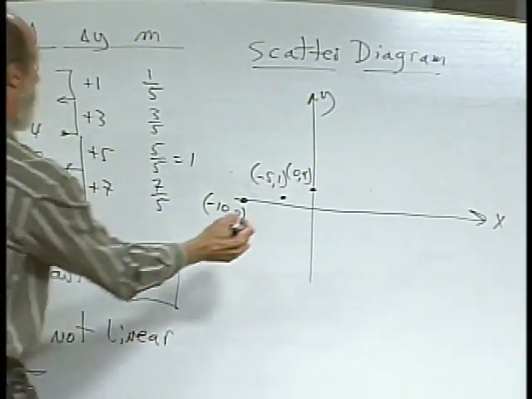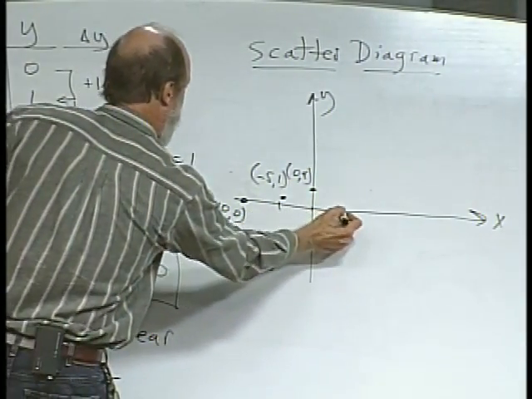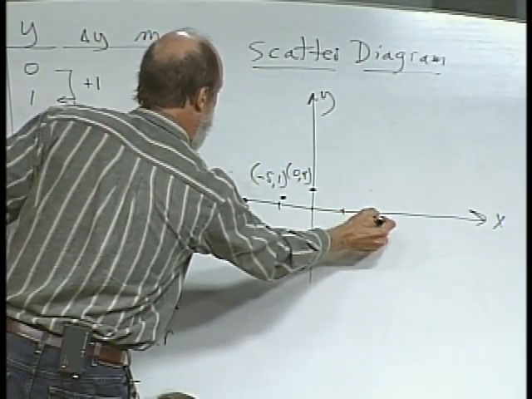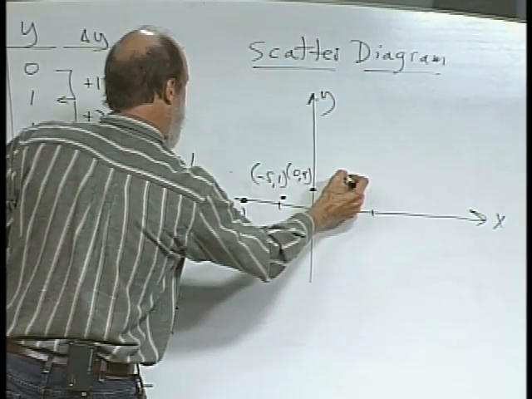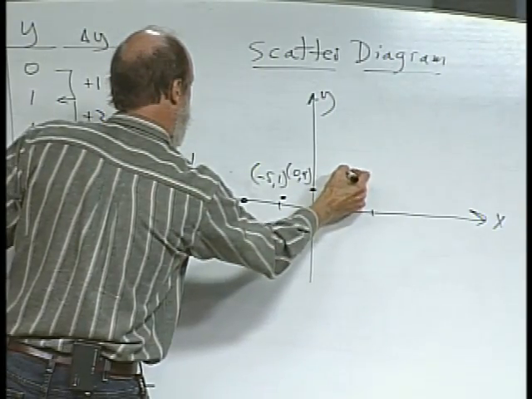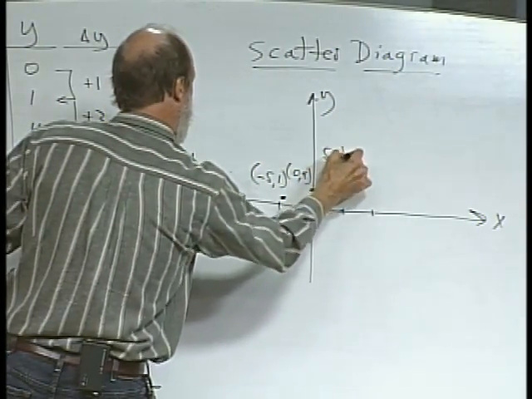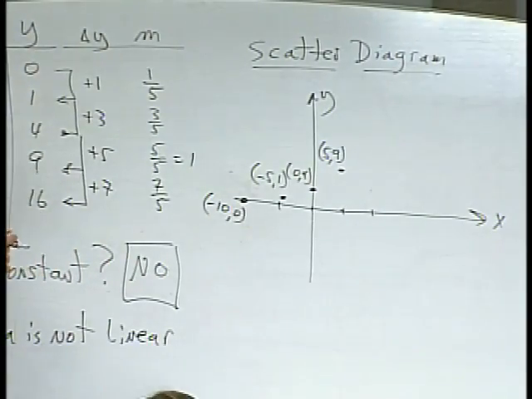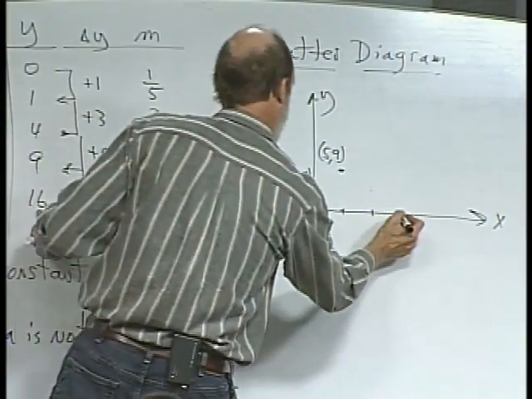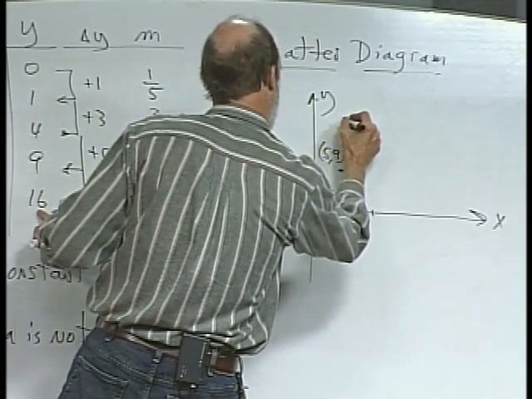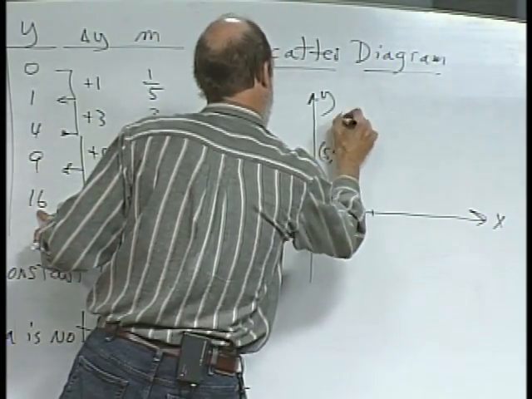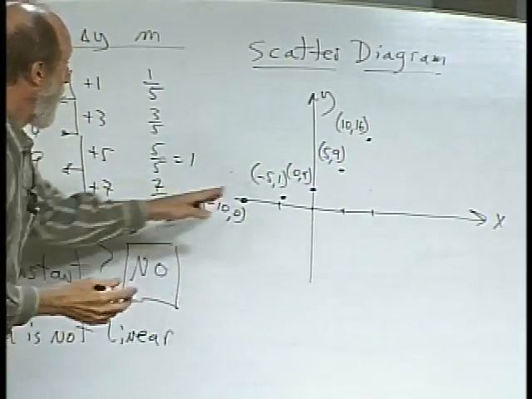At 5, my scaling's a little screwy here, I'm up at 9. And finally, at 10, I'm at 16. Does that data look linear?